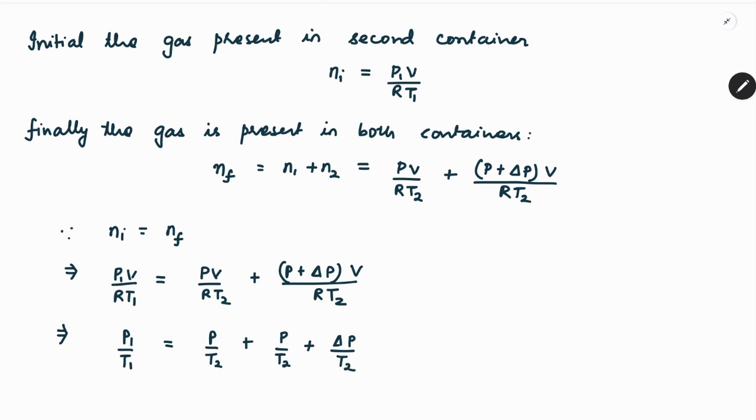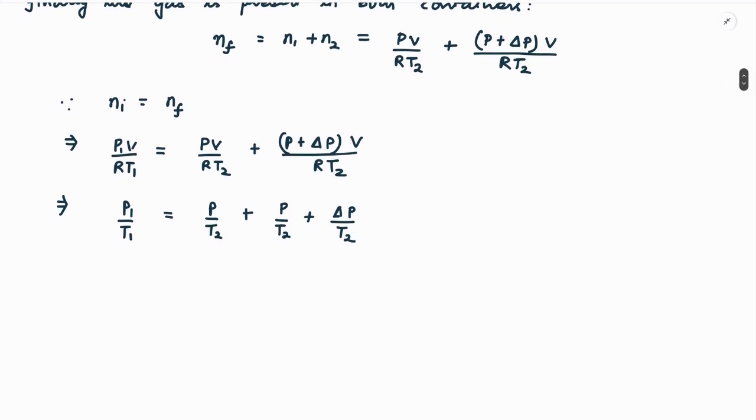So over here we need to determine the value of P. Initial pressure P1 is known, delta P is known to us. So to determine P, we can say P1 by T1 minus delta P by T2, and then we multiply T2 on this side.